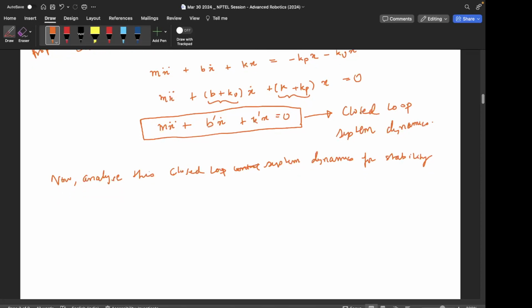And what parameters do we have to choose here? The parameters to choose are kp and kv.